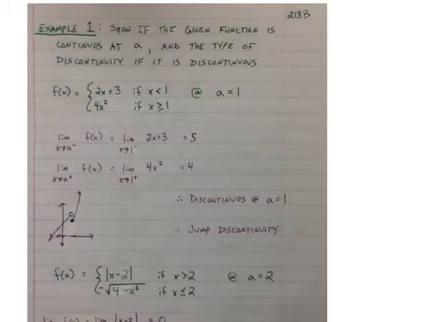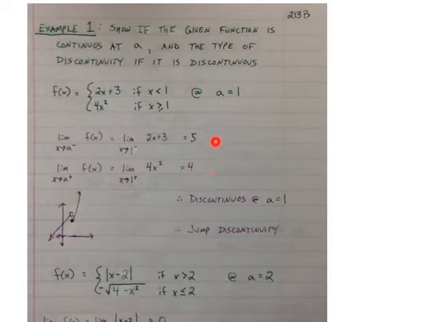So if we're going to do that, we want to assess the limit as x approaches a from the left-hand side. So a left-hand limit, which would be our first piece. We can evaluate the left-hand limit for 2x plus 3, and we find that to be equal to 5. And then we'll do the right-hand limit for our second piece, and we find that to be equal to 4.